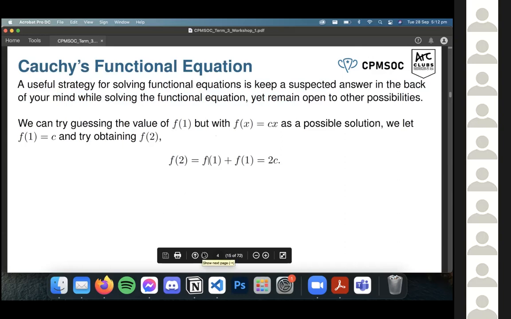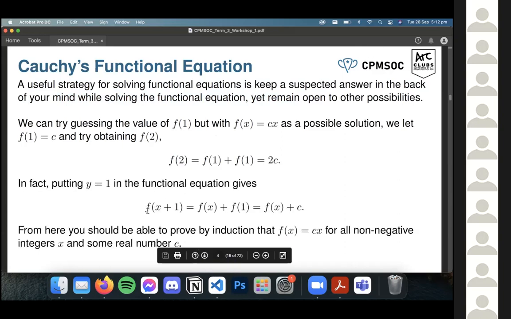And this is important because we can extend this by setting y equal to 1 in our functional equation. When we do that, we find that f of x plus y is equal to f of x plus f of 1, which equals f of x plus c. And why is this particularly useful?